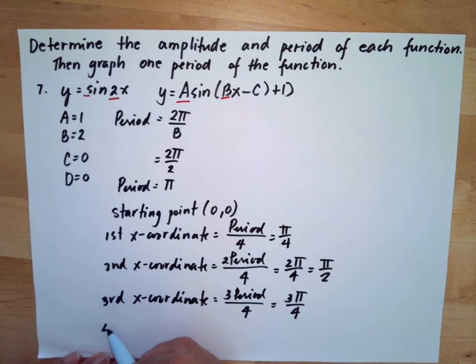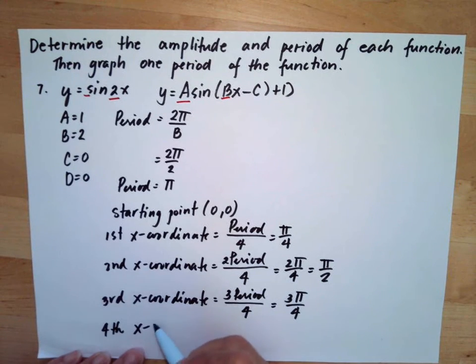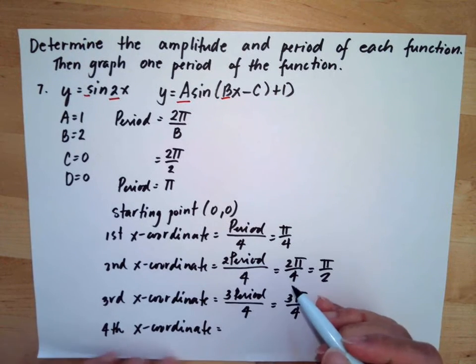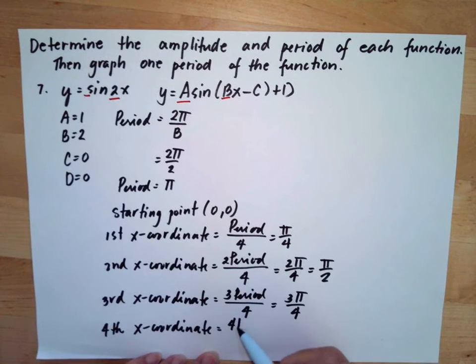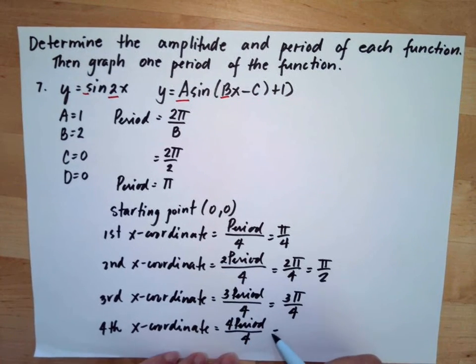Then the fourth x coordinate, or the last coordinate for one whole cycle, is equal to 4 times the period over 4, and this will be just equal to your period, which is equal to pi.